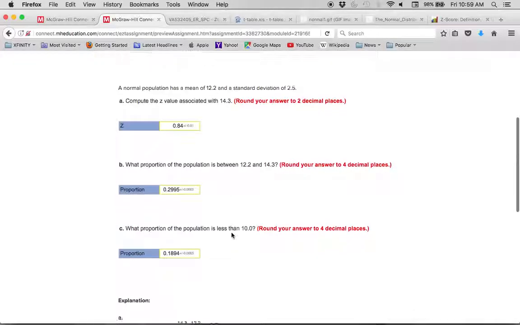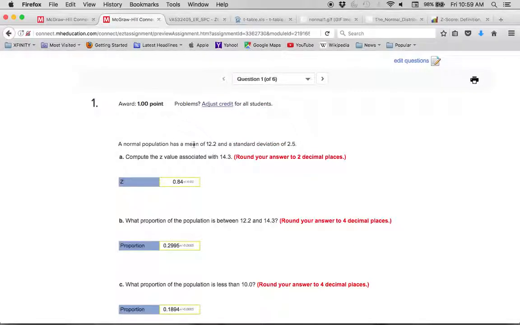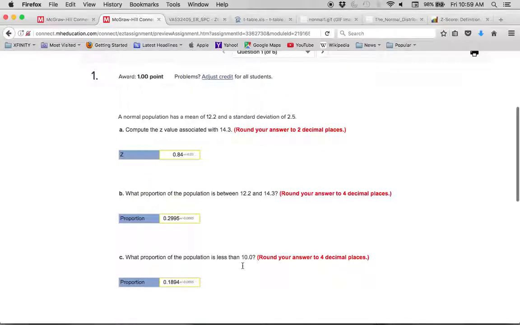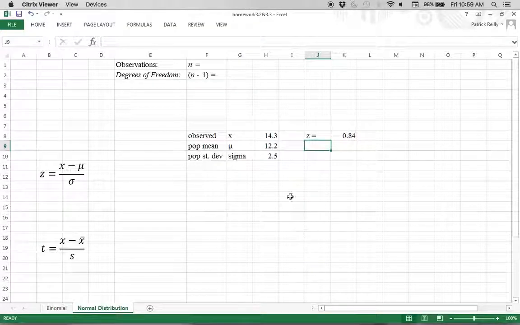All right. So how about less than 10? So it's asking us now, find the z-score where we're at 10, using this mean and the standard deviation. Find the z-score at 10 and go to the z-chart and tell me what's below that z-score. I call them z-scores. You might hear z-values. Okay, so x is 10, and z is negative 0.88.